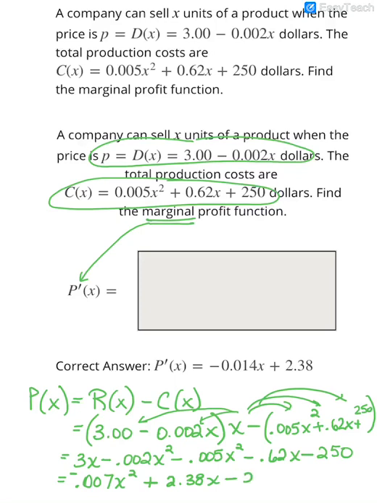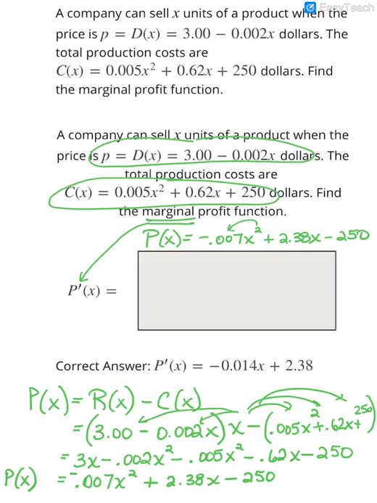And then we have minus a 250. So this is my profit equation. So now I'm going to go ahead and write that up here since I'm out of room. So my profit equation is negative 0.007x squared plus 2.38x minus 250.